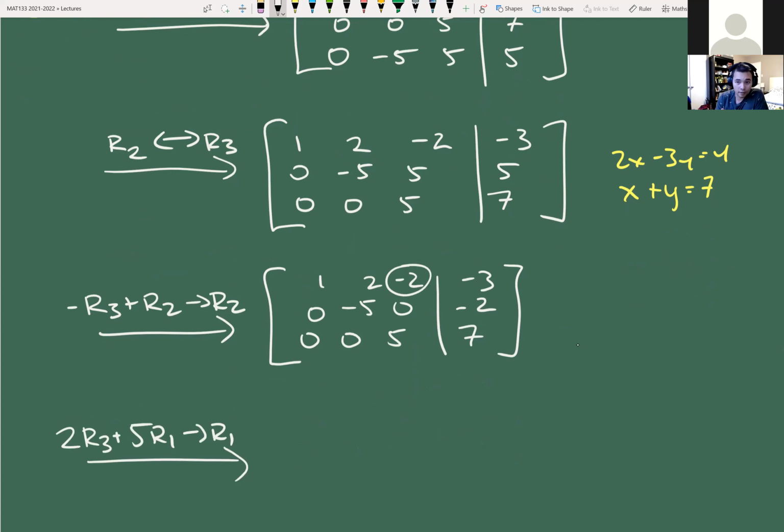And again, this is weird, right? This is not something that we would normally do because as Curdy pointed out, if I do this, I'm going to change this leading 1 into a 5. And that feels blasphemous because once you have it as a leading 1, why would you get rid of it, right? So let's see what happens.